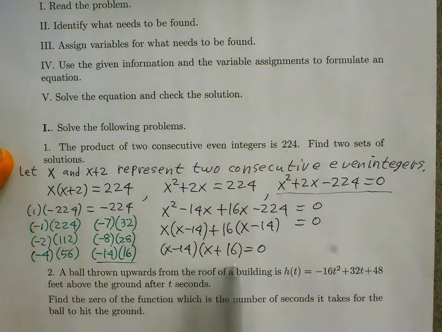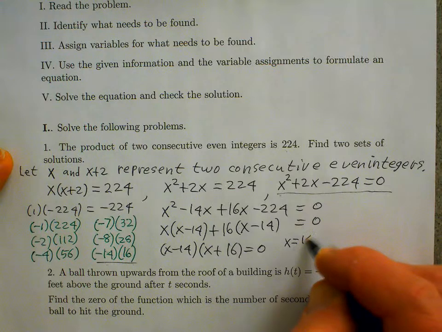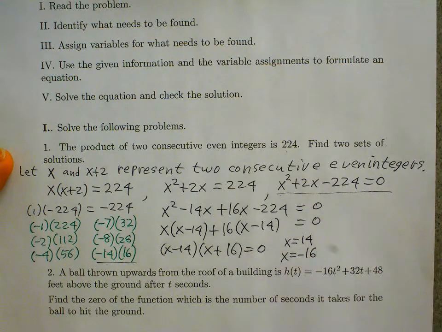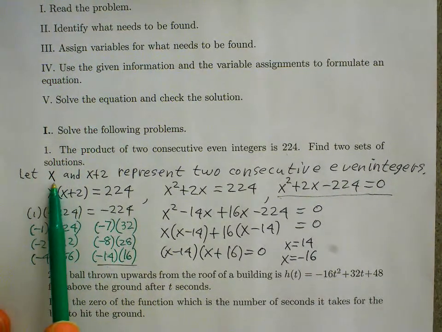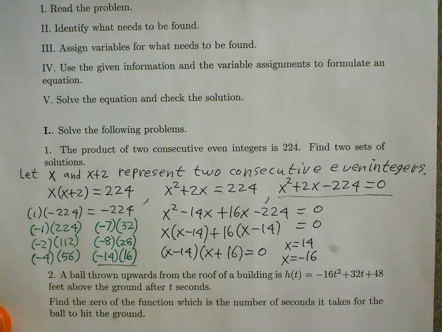This equation has two solutions. One is positive 14. The other one is negative 16. Okay, so remember what our variable assignments are. One of the numbers is x. So you can see how we're going to get two pairs of solutions.